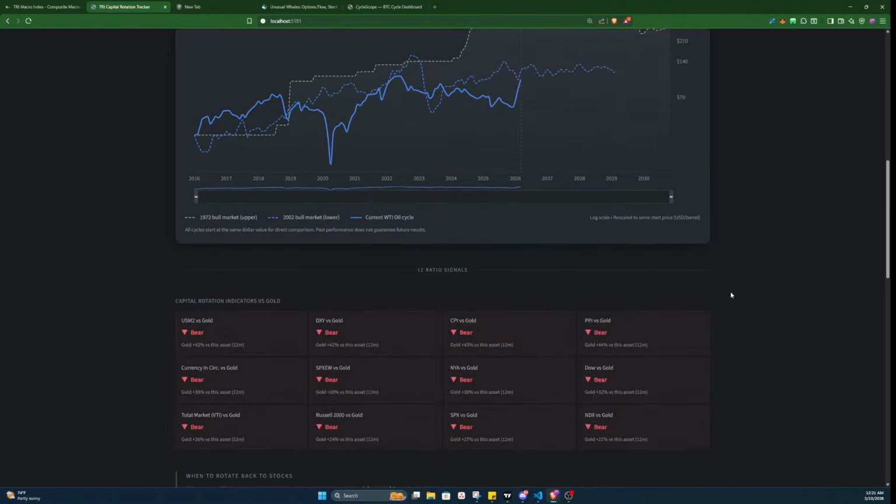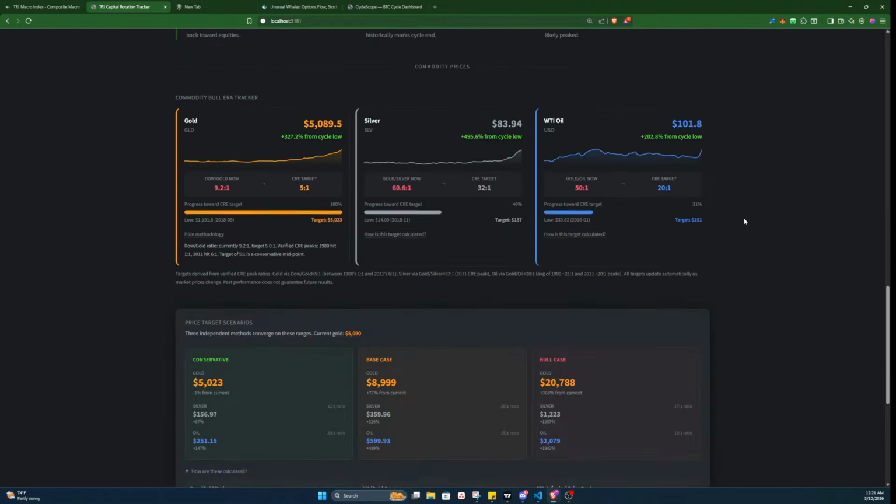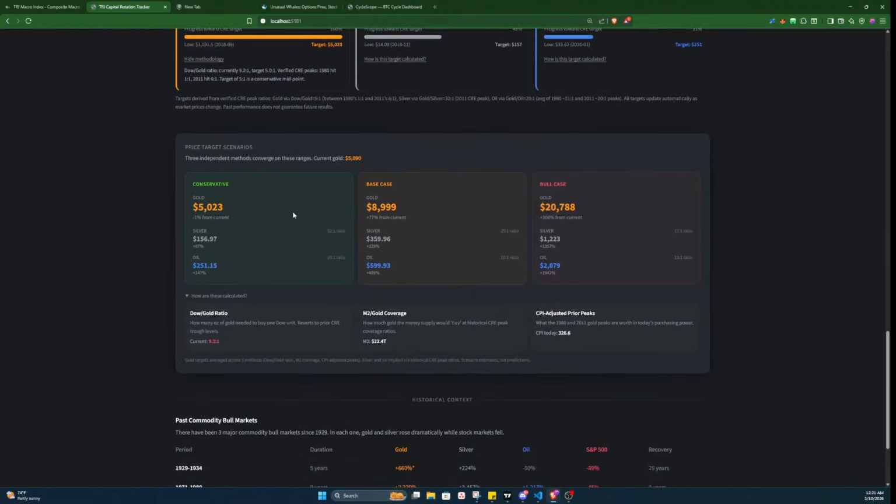So there's your 280. You can even go down here, and we can look at the chart for oil. This makes no sense, these two, 600 and 2,000, but the conservative case is 250. I still have to refine this a bit, but 250 is the conservative target. Gold already hit the conservative target. Silver was almost there until it rolled over, but 250 for oil.